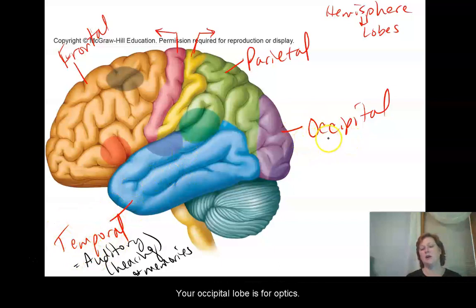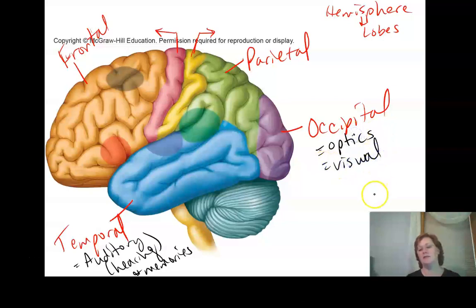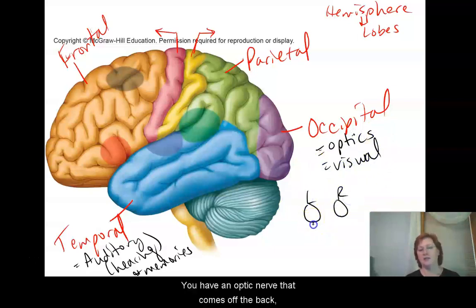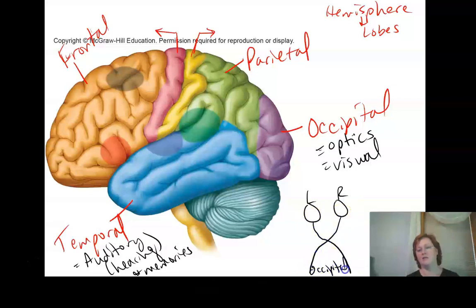Your occipital lobe is for optics, so this is going to be visual information. And if you actually look at the eyes, you have a left eye and a right eye. They have an optic nerve that comes off the back, it crosses over to the opposite side of the body, and goes to the opposite side of your occipital lobe.